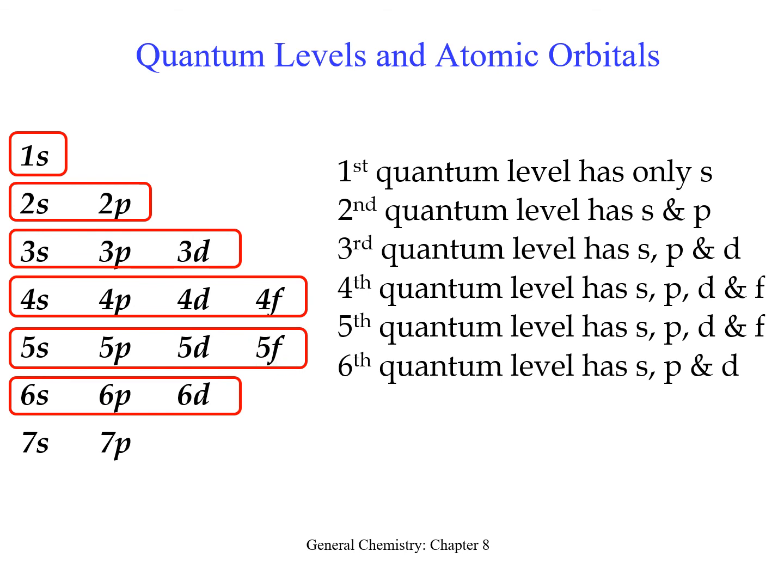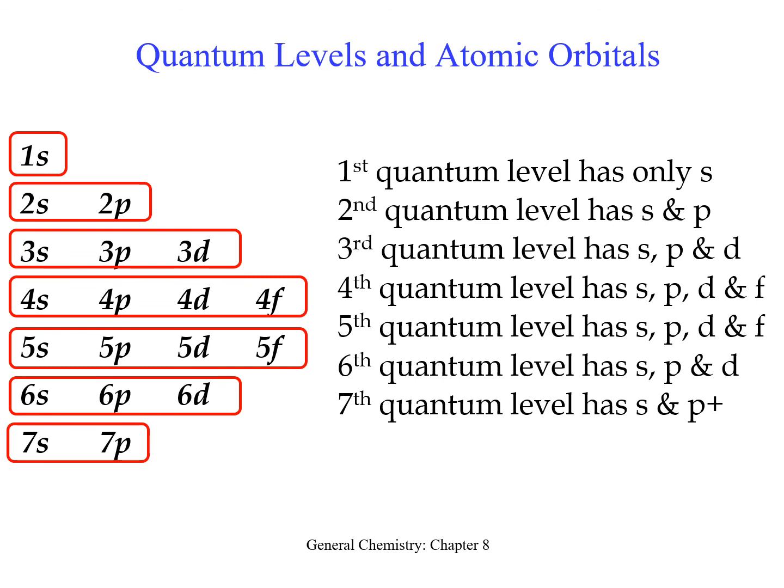Okay, and so we're starting to run out of orbitals here. So the 6th shell has three subshells, 6s, 6p, and 6d. And then finally we have the 7th quantum shell where we run out of electrons and protons, basically, and we have only two subshells, 7s and 7p.